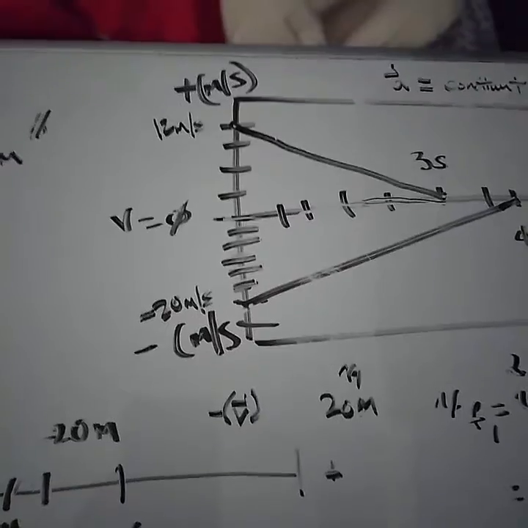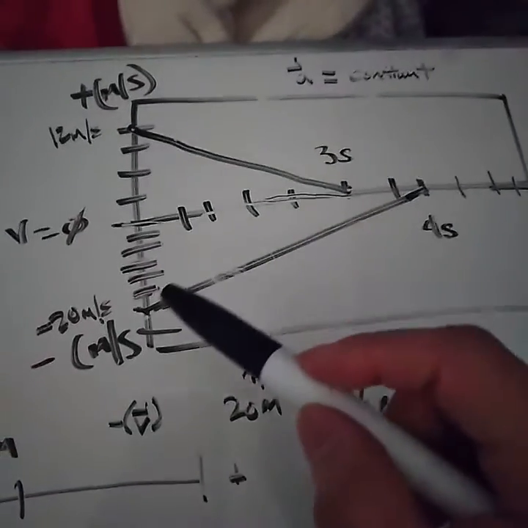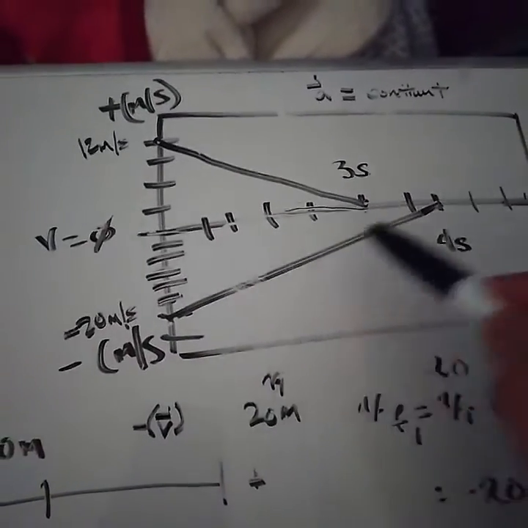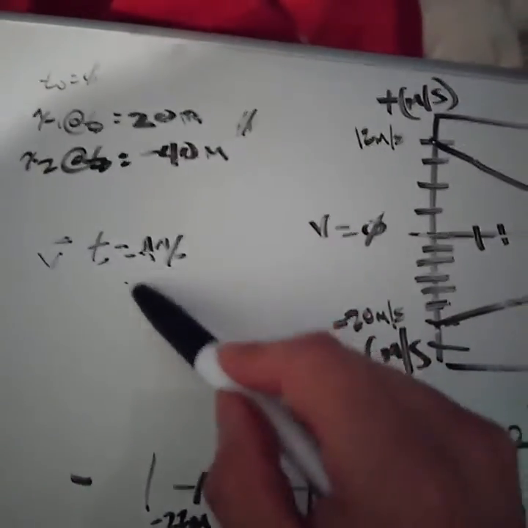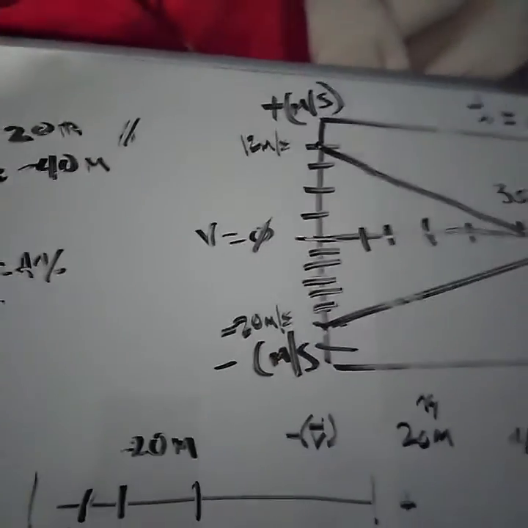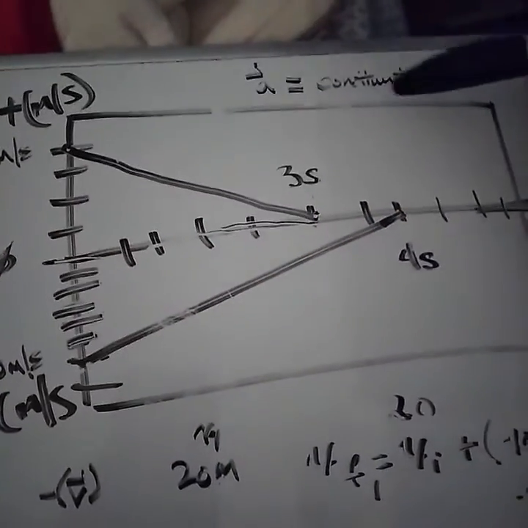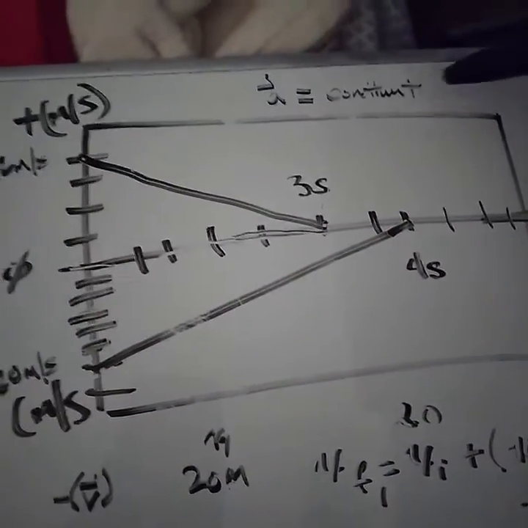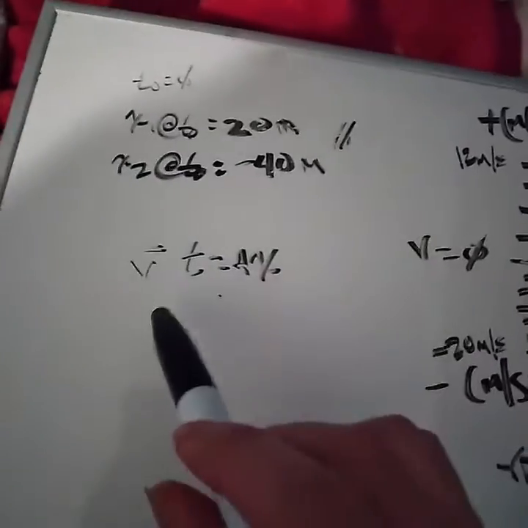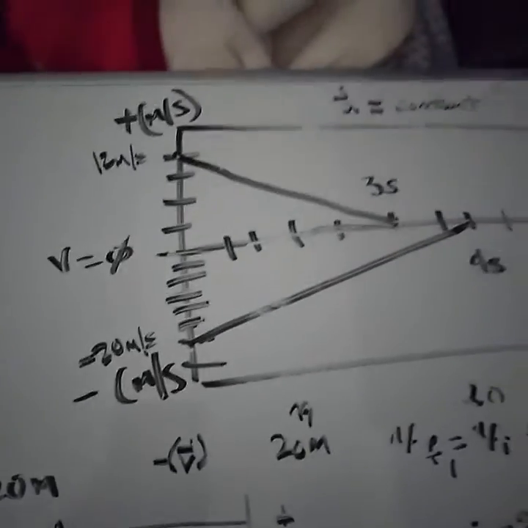Also, check your graphs. This average velocity equation only works if there's a constant acceleration. In this question, I know that line's a little wavy, but it is declared that acceleration is constant, so we can use our average velocity equation.